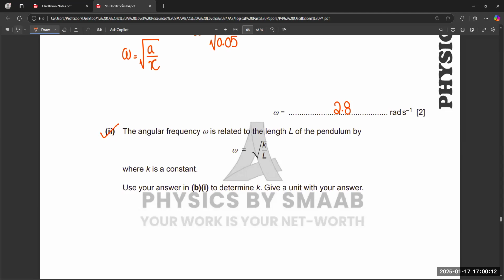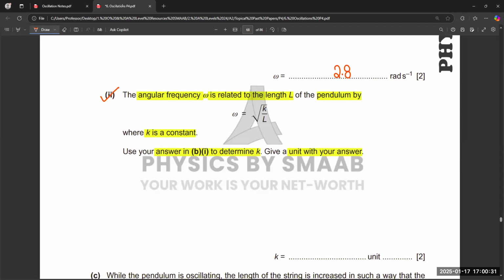Then in the second part, the angular frequency omega is related to the length of the pendulum by this equation, which we also derived. We have to rewrite it, so omega squared multiplied by L would give k. So it would be 2.8 squared times 1.24.